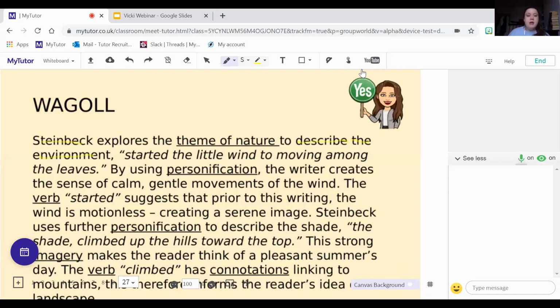By using personification, the writer creates a sense of calm, gentle movements of the wind. So I'm just giving something that's quite basic in my explanation. A lot of you may have been taught PEE paragraphs, PEEL paragraphs, comment, evidence, analysis, SEAL.